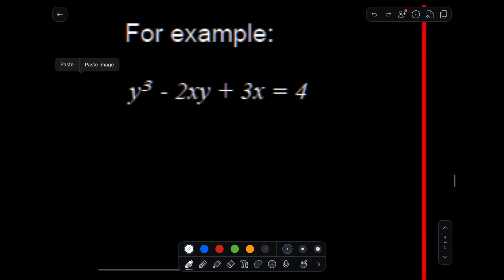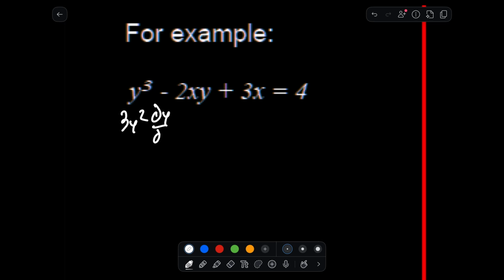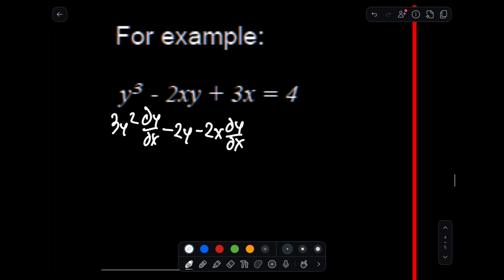So this is going to become 3y squared dy dx minus 2y minus 2x dy dx, because you need to do the derivative of y with respect to x, it should be dy dx, and then plus 3 equals 0.